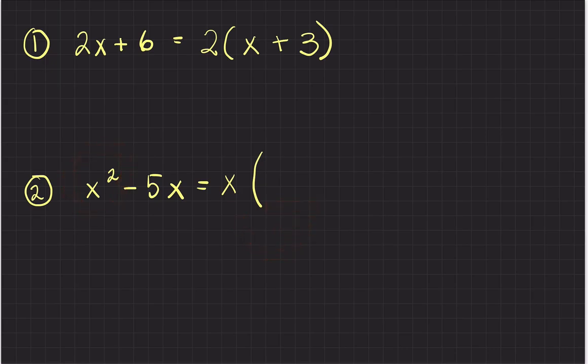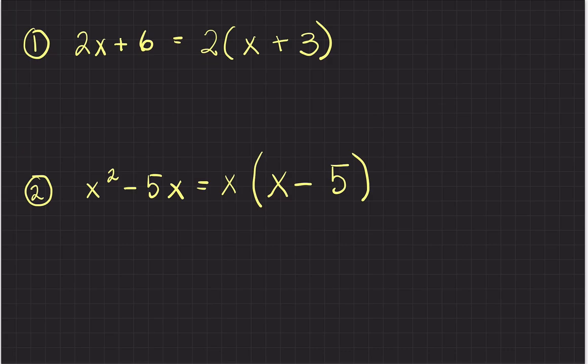That would be x times x, because x times x is x squared. Then comes a negative sign. And again, x times what here should give me the 5x? Well, that would be 5. X times 5 is 5x.